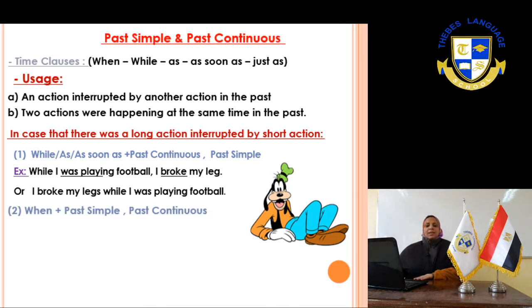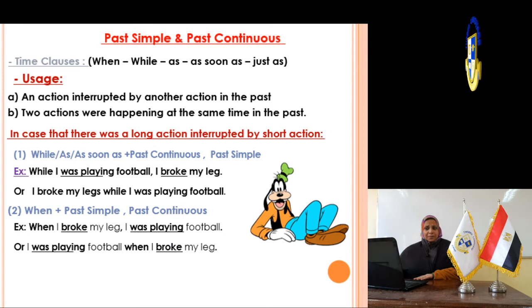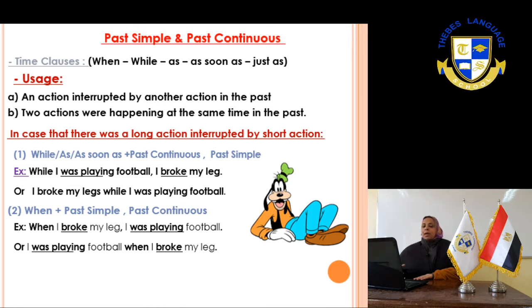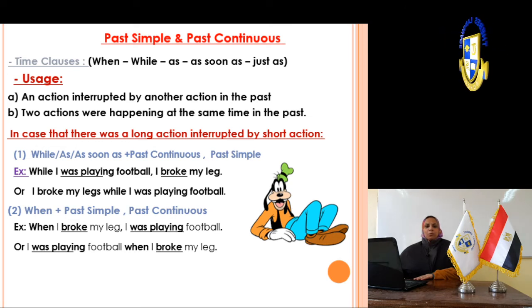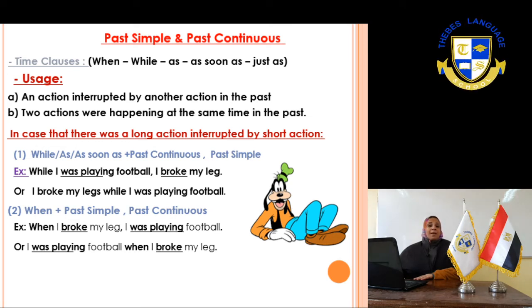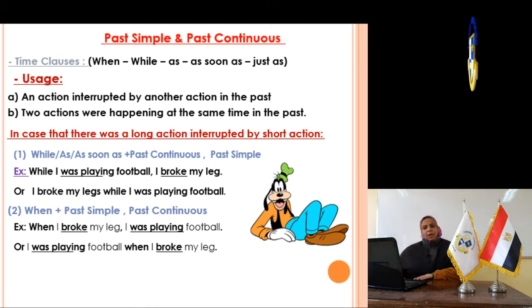Let's see, as in the example here, while I was playing football, I broke my leg. I can put while at the beginning, like here, or I can put it in the middle, like the next one, I broke my leg while I was playing football. It doesn't matter where I put the word while. What matters here is what comes after while. After while, I put the past continuous, okay?